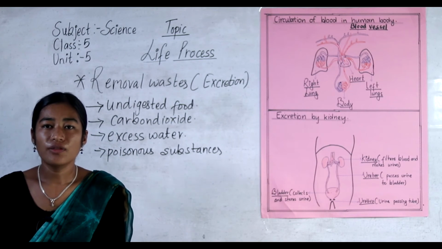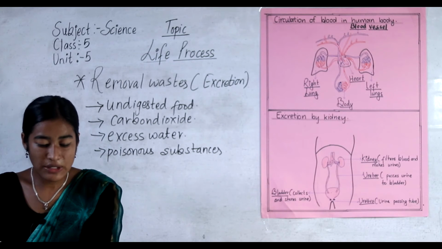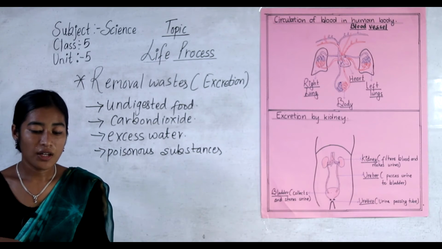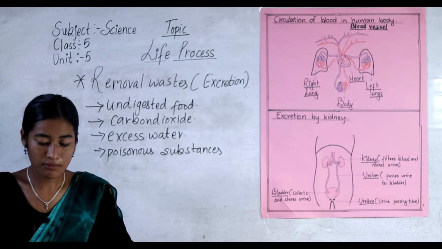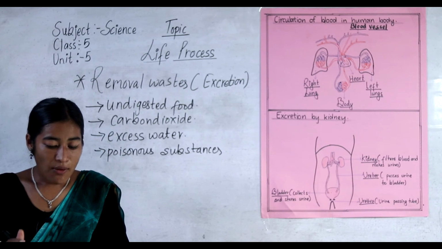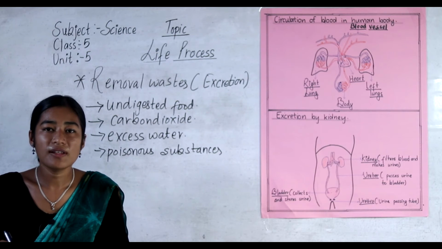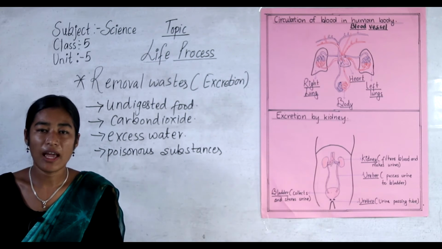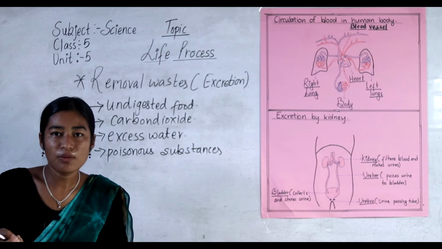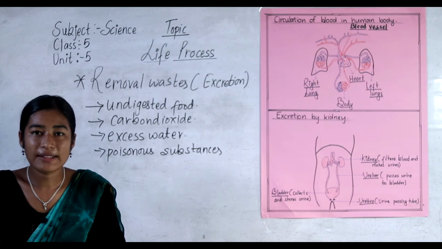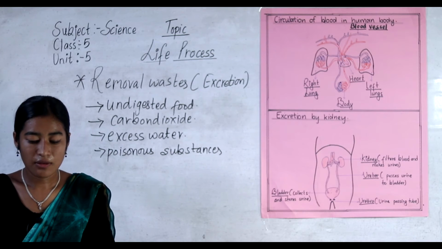Then all of you turn to page number 58. Here is also a drawing like this, so you can easily look there. Our skin has numerous tiny pores. It also excretes excess water.